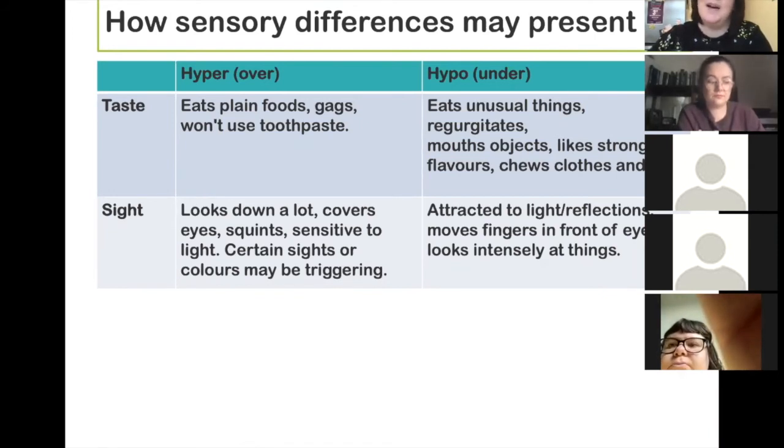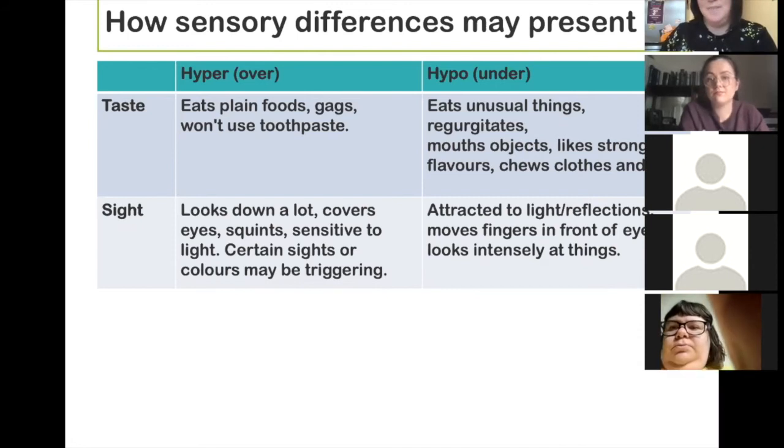So that's where we think about if we're wearing patterned clothing, so lots of stripes, lots of checks, lots of vibrant colours might be quite difficult for someone who's oversensitive to sight. So it's just having a bit of a think about that. If you want someone to be able to focus or concentrate on what you're presenting, and they're going to be distracted by what you're wearing or what's going on around them, we need to think about how we can tailor that environment to make it a little bit easier for them.